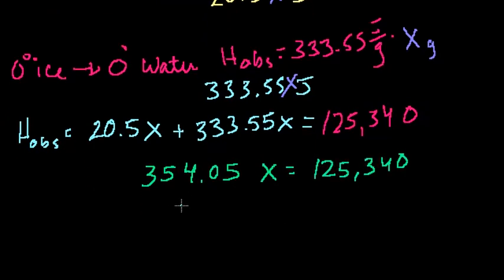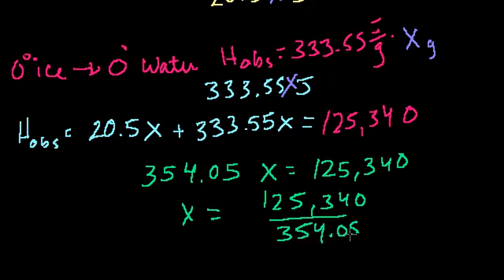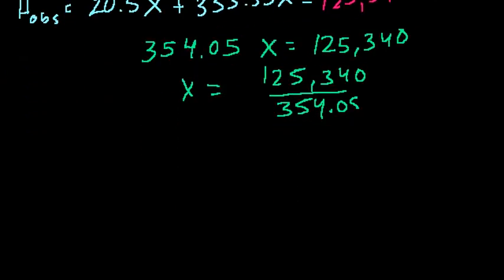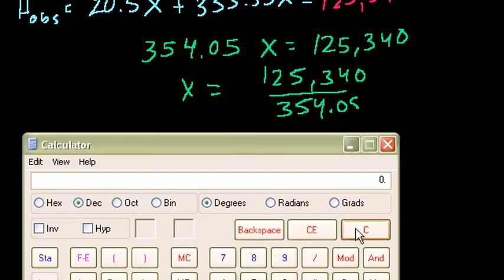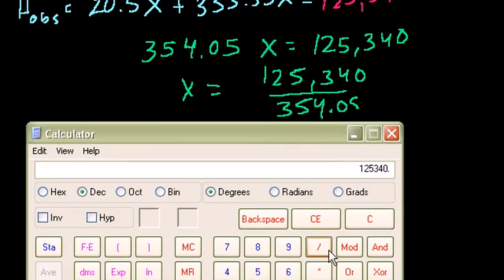And you divide both sides. So x is equal to 125,340 divided by 354.05. I'll take out the calculator for this. And the calculator tells me, let's see, 125,340, the amount of energy that has to be absorbed by the ice, divided by 354.05 is equal to 354 grams, roughly.